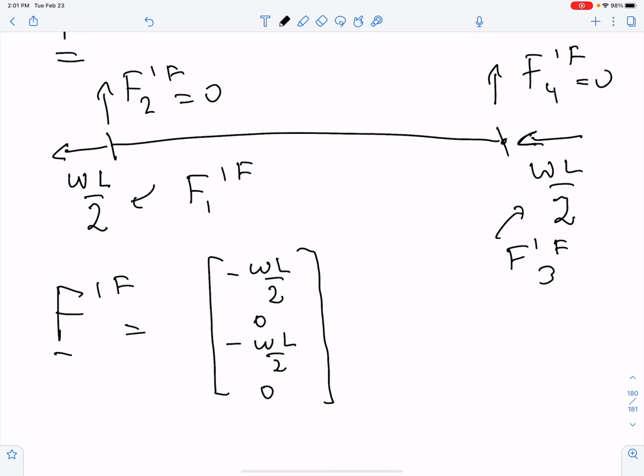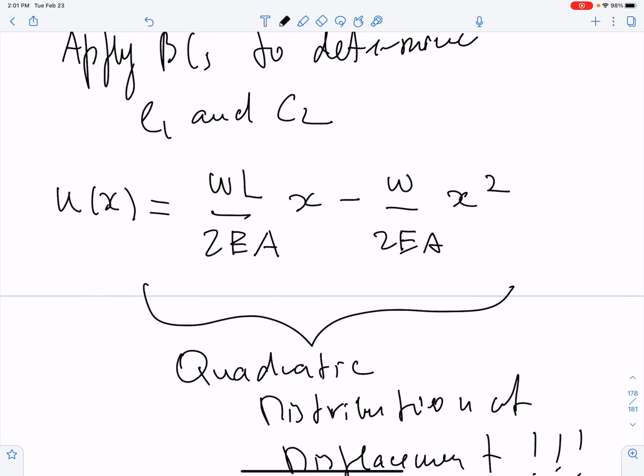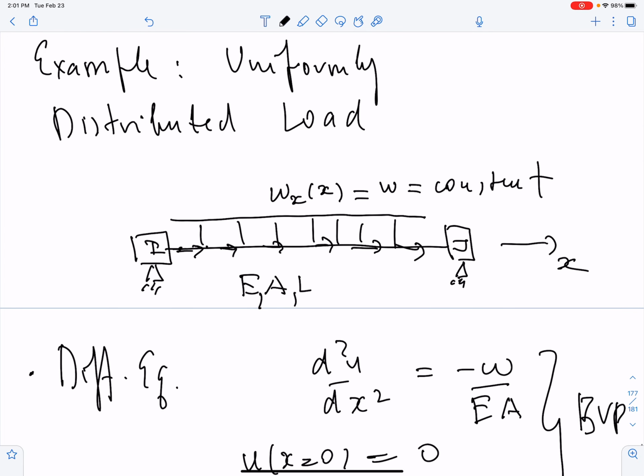Okay? And again, you can do a sanity check. You can think of this bar, where you apply a load like this, a constant load W spread over a distance L. So what is the total force? W times L. Now, this bar is fixed, it's not going anywhere, so you need end node forces that oppose that load.